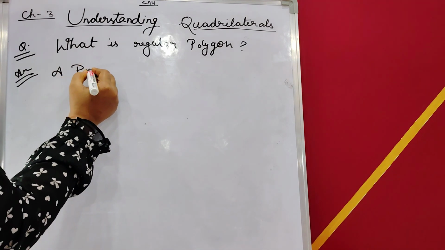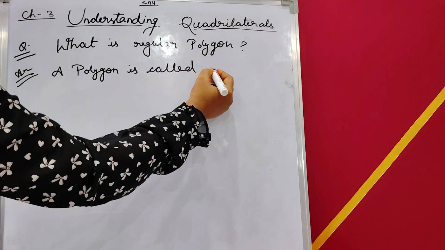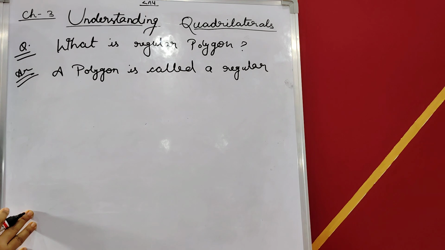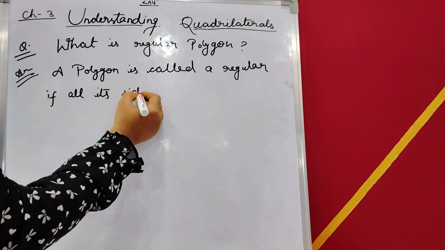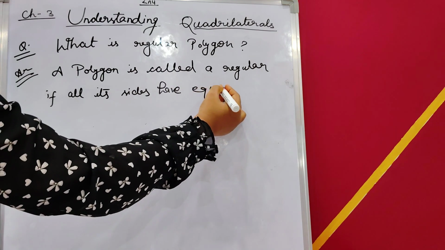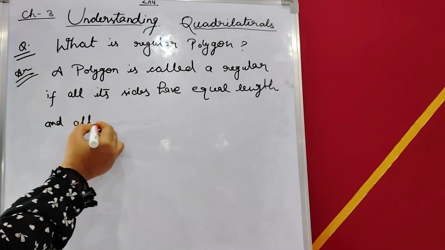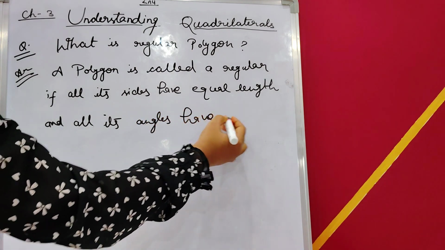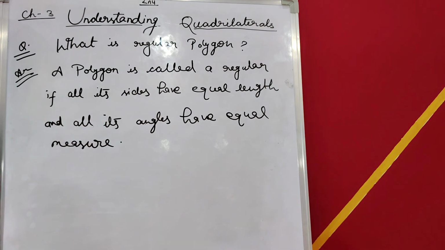A polygon is called a regular polygon if all its sides have equal length and all its angles have equal measure. This is known as a regular polygon.